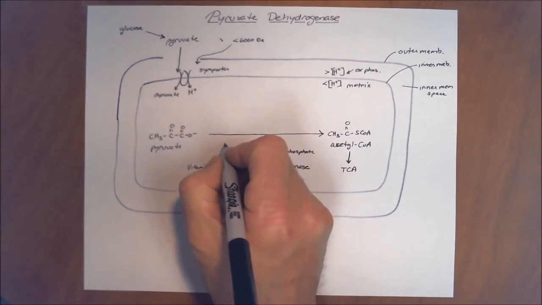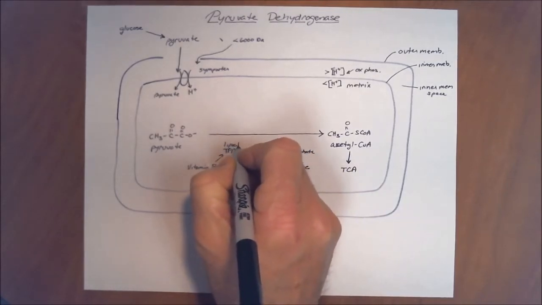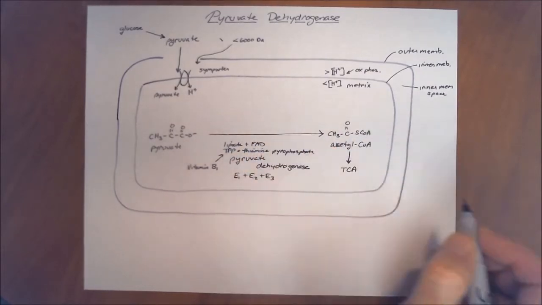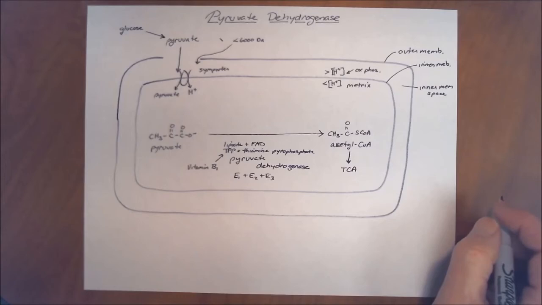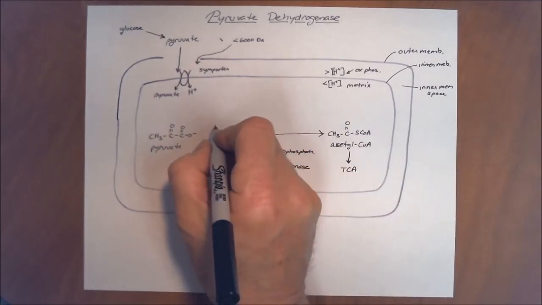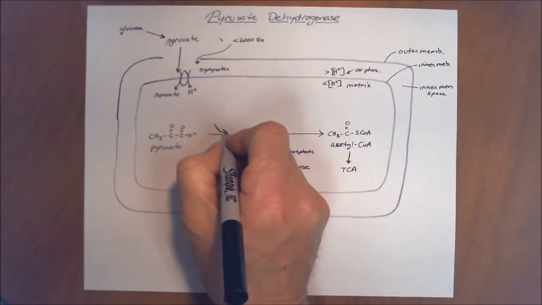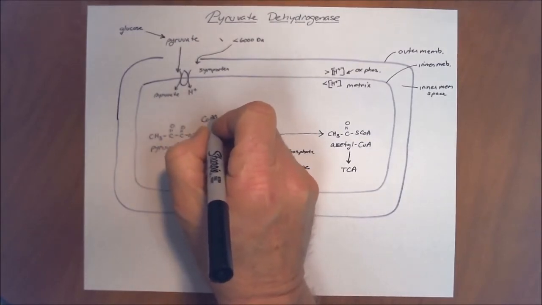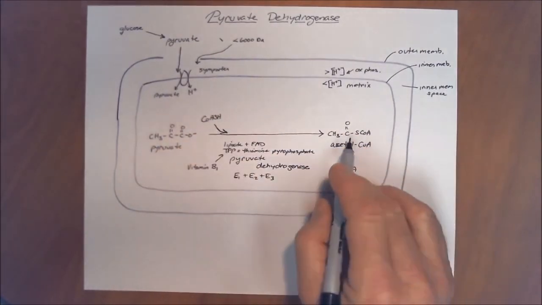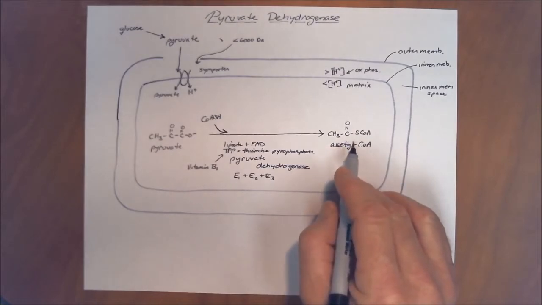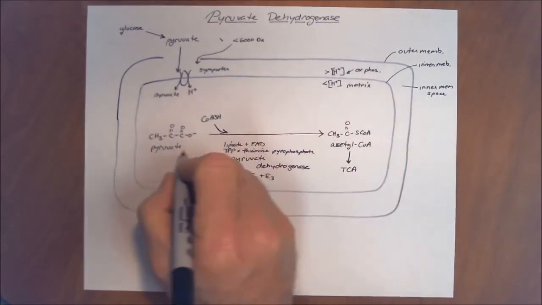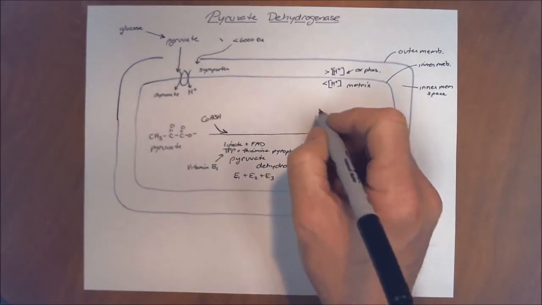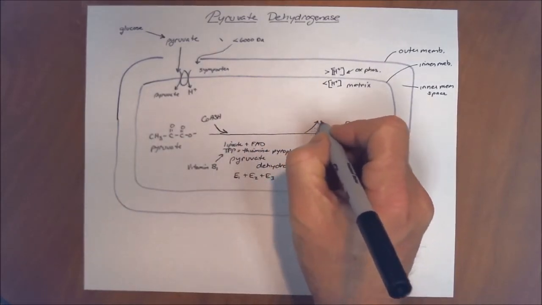The other 2 factors involved are lipoate and FAD, because this is going to be a redox reaction. Now, we're going to need a cofactor coming in here, which is coenzyme A, abbreviated CoASH, to form the acetyl-CoA. Notice that the 3-carbon pyruvate has been transformed into a 2-carbon acetyl-CoA.